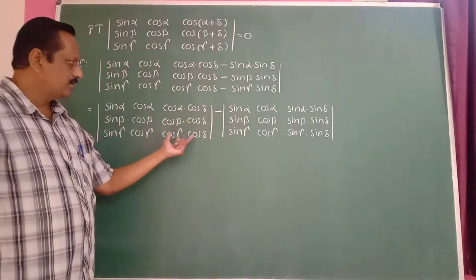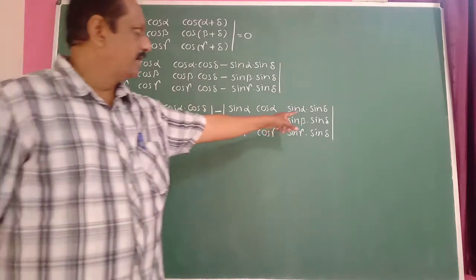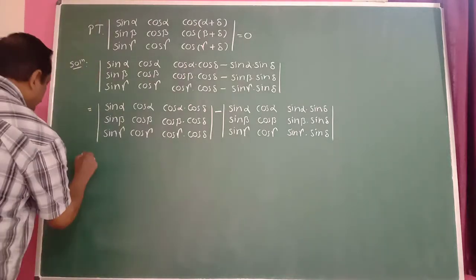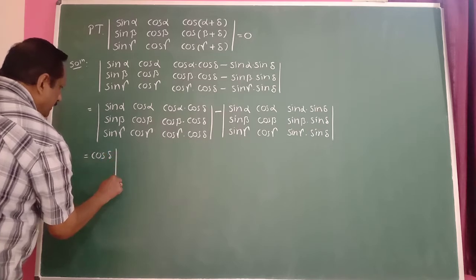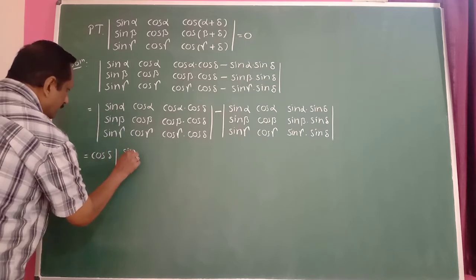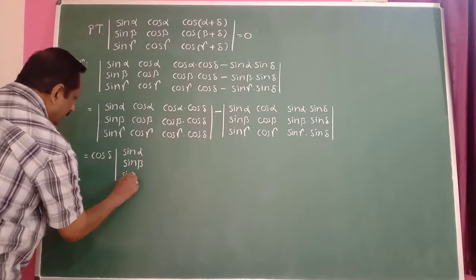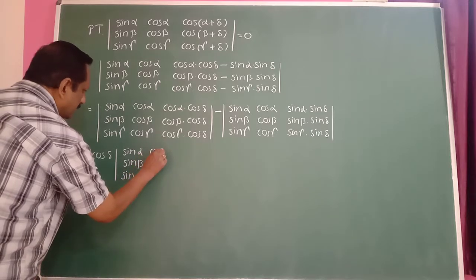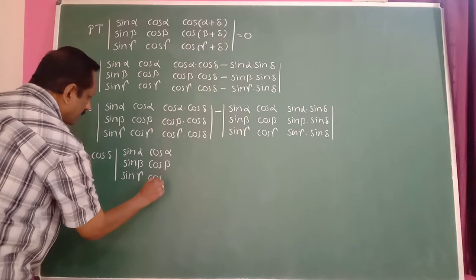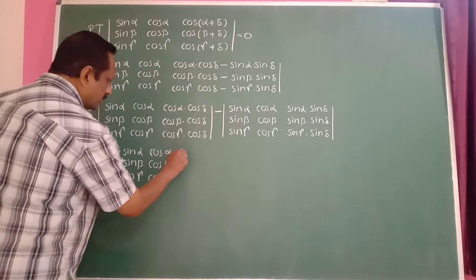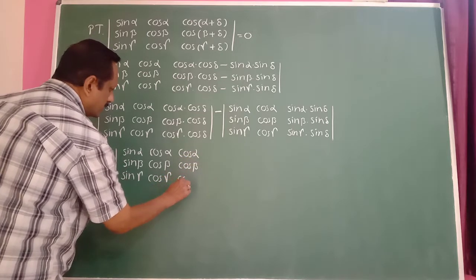Here in this last column, cos delta is the common factor, and here sin delta is the common factor. So take them outside. Therefore this is equal to cos delta times the determinant of sin alpha, sin beta, sin gamma, cos alpha, cos beta, cos gamma, then cos alpha, cos beta, and cos gamma.